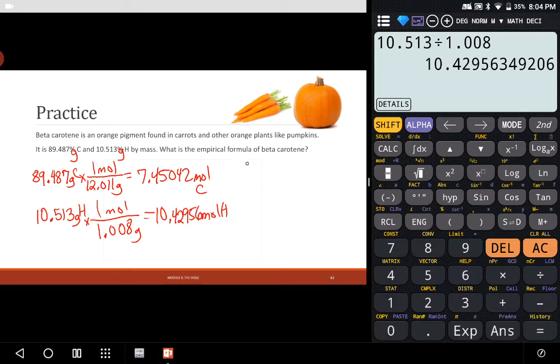So that's bigger, so that's 7.45042 for carbon, and hydrogen 10.42956. So carbon is smaller, and so we have to divide both of them by the smaller value in order to turn the smaller value into a 1.